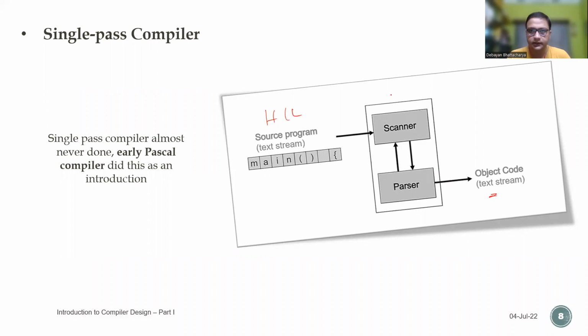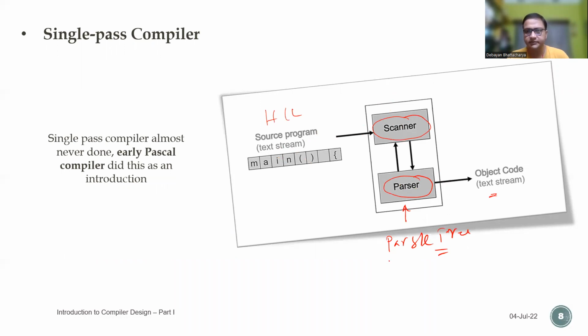So here in this picture, we can see that there is one part called the scanner, which takes the high level program, high level language, as the input. And the parser is another part which helps us to generate the parse tree from the high level language.